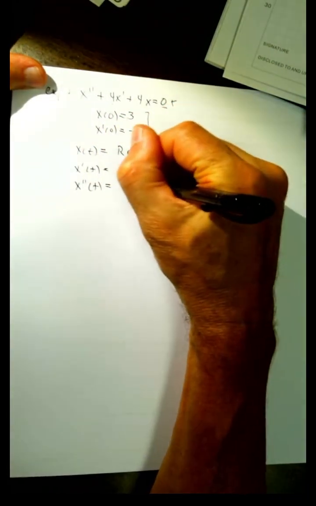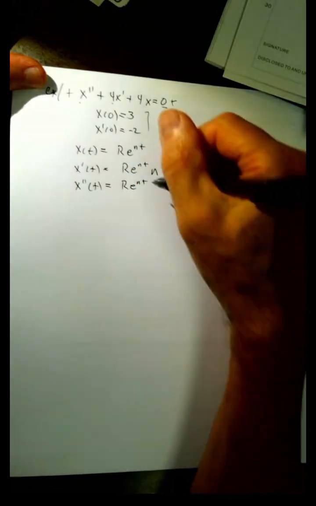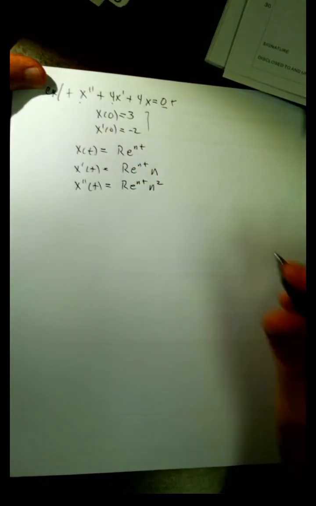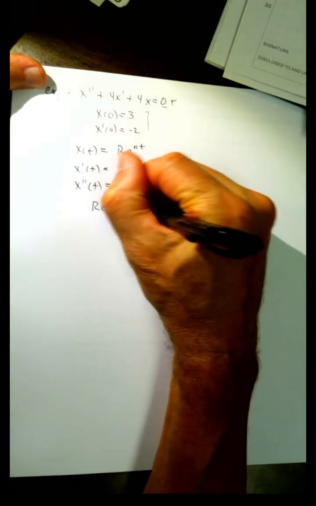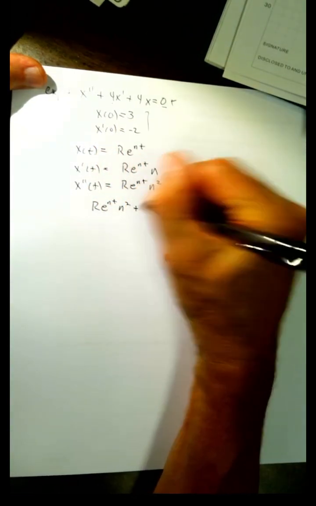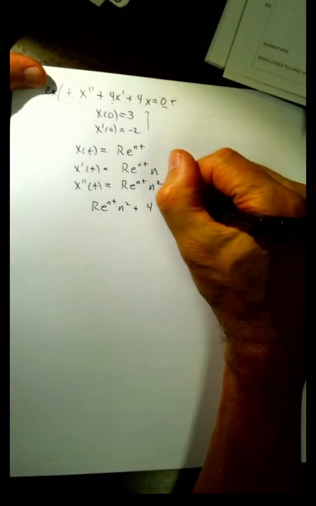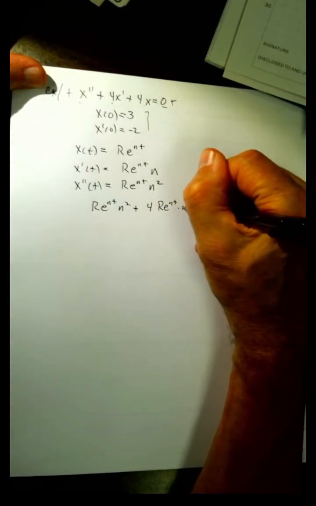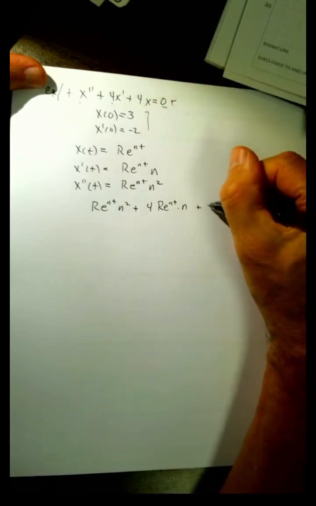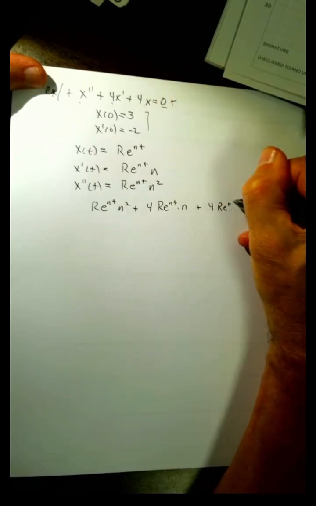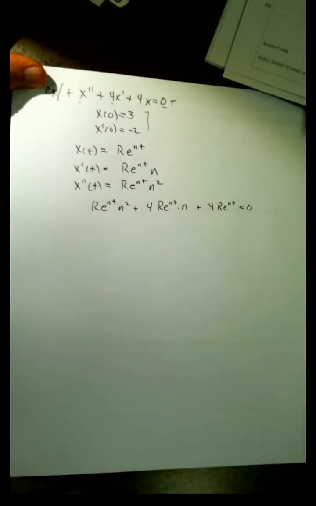Take the derivative of that to get the second derivative. So I get re to the nt, now I get n squared. So when I plug it into here, x double prime is re to the nt n squared. 4 times x prime is going to be 4 times re to the nt times n. And then 4x is going to be equal to that.